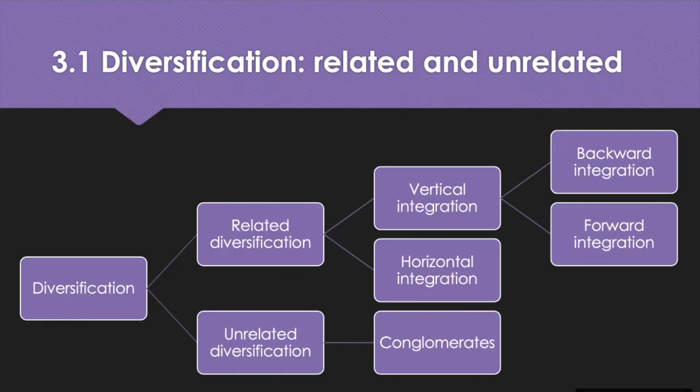Backward integration involves developing strategies relating to the inputs in your value chain. So you could acquire a supplier that makes your products. And forward integration is a diversification strategy that integrates activities relating to outputs, so taking charge of your marketing and distribution channels. For example, a car manufacturer may acquire its distributor and repair firm.